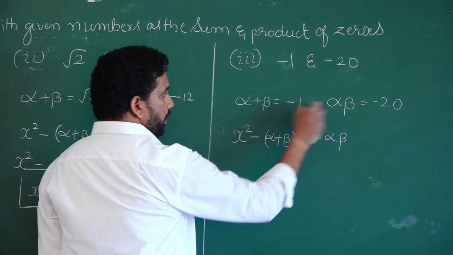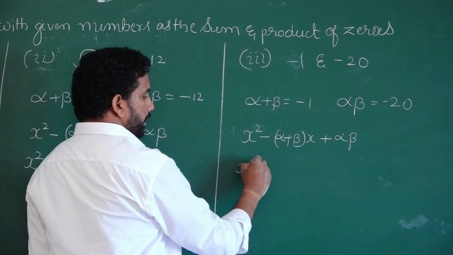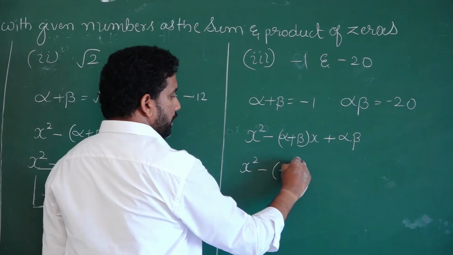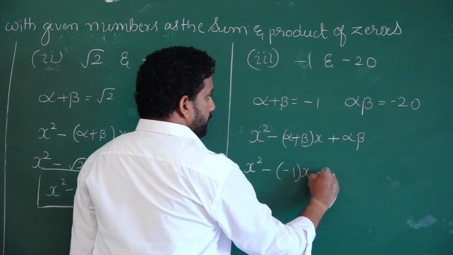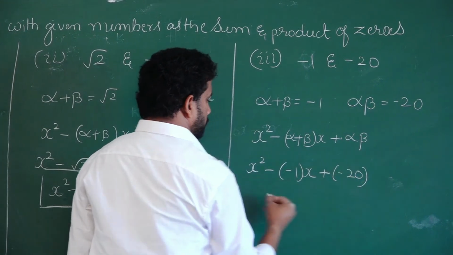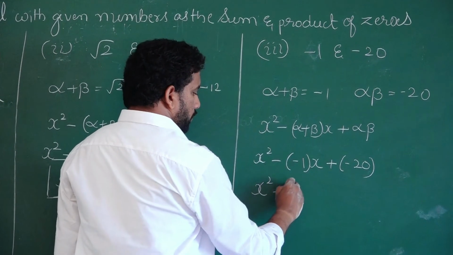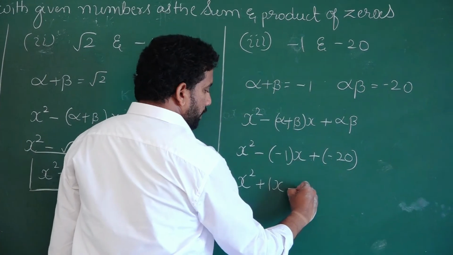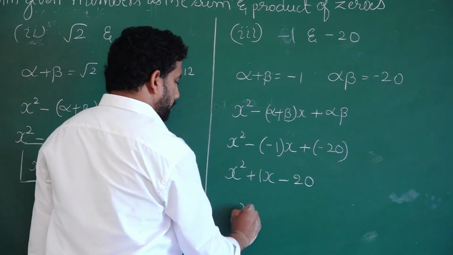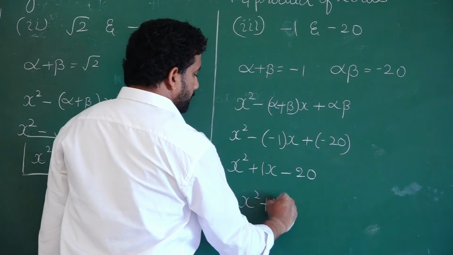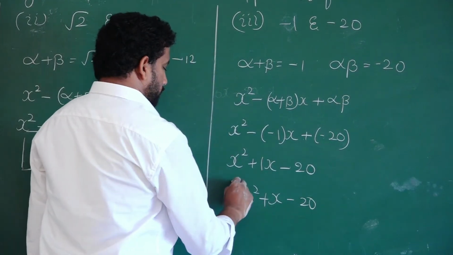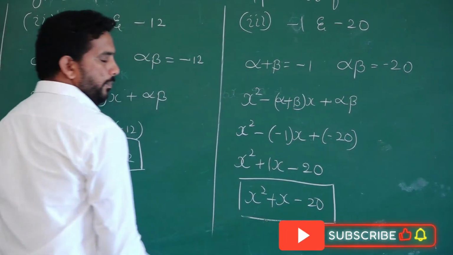So we get x square minus of minus 1 x plus into minus 20. So here we get x square plus 1x minus 20. So this equation becomes x square plus x minus 20. So this is the required quadratic polynomial.